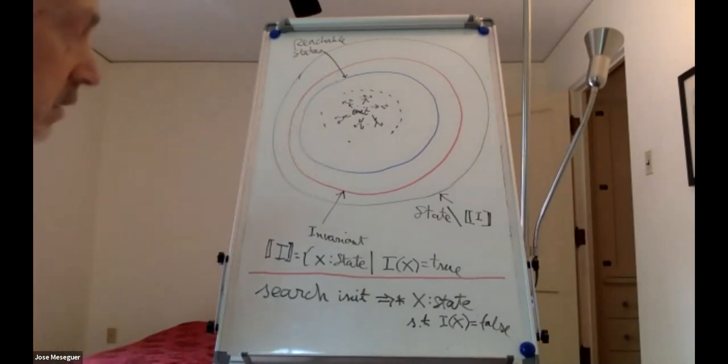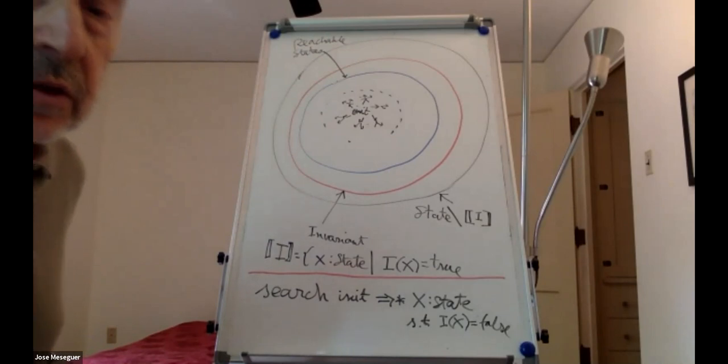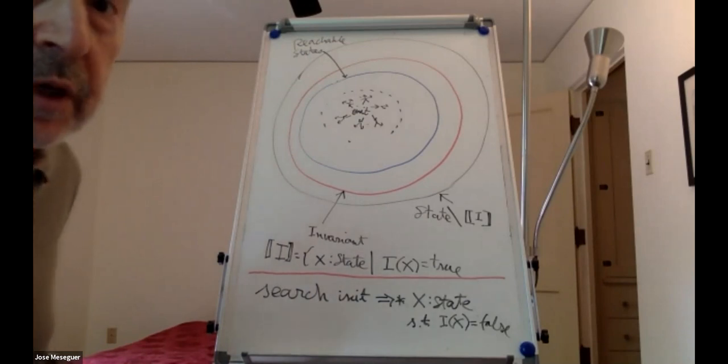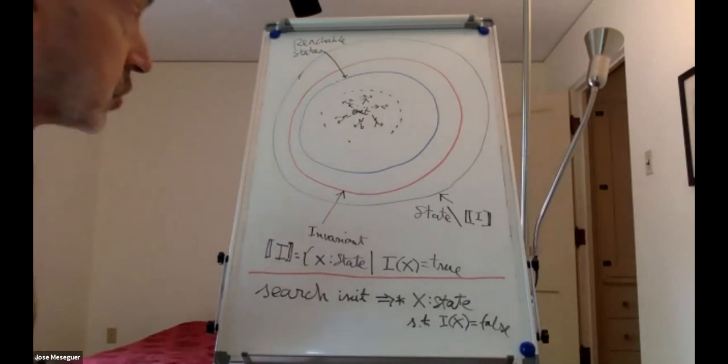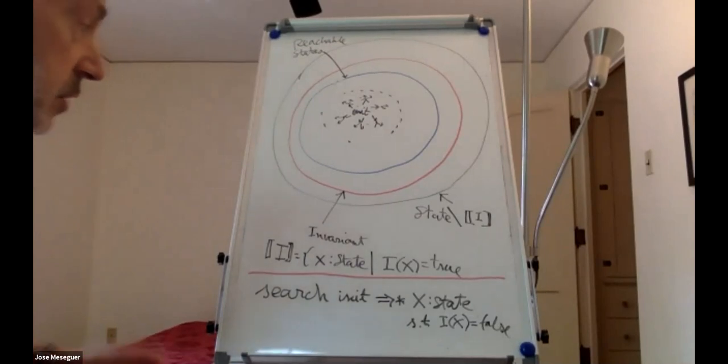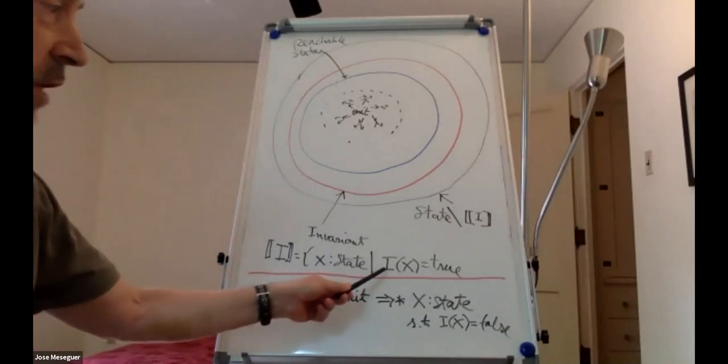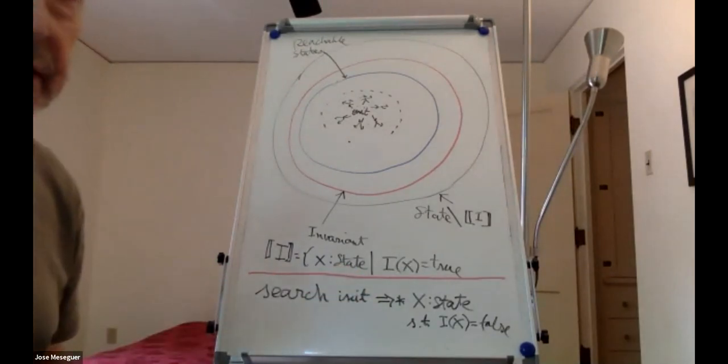And we would like to prove that this system from this initial state satisfies an invariant. In red, I have described the set of states that satisfy the invariant. If things go well, if the invariant is really true, then you can think of the red part as some kind of safety envelope inside of which the reachable states are contained. Now that invariant can be described very easily by the set of states such that some predicate I of x is true.